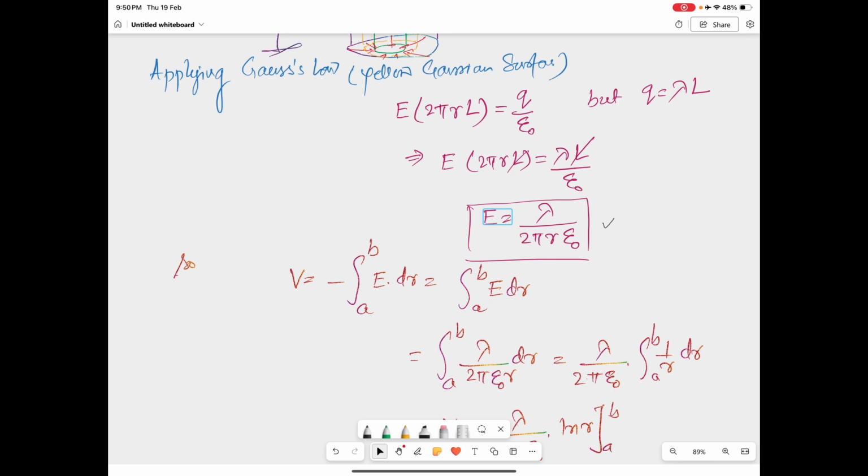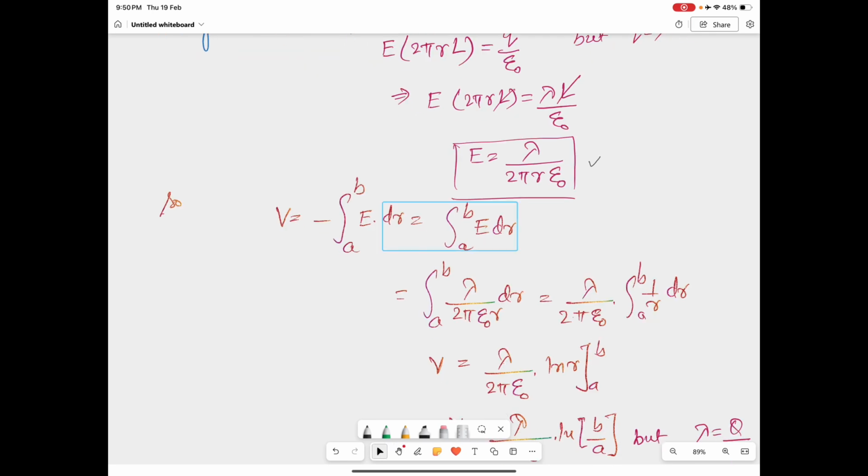Now after that, using the formula relating electric field and volts, we have calculated the voltage between the two conductors.